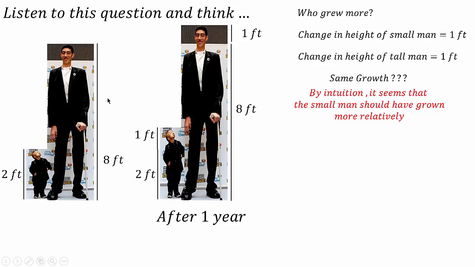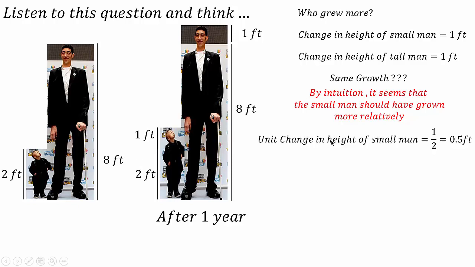So let's look at this problem in a different way. Let's consider that this small person is 2 feet in height. Let's not find the overall change in height of the small man, but the change per unit height of him.